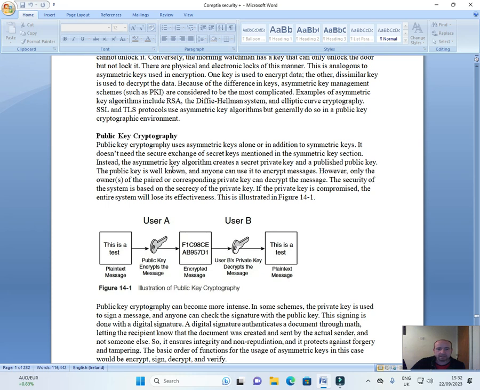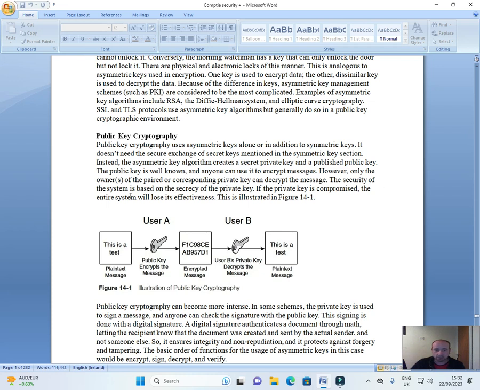Instead, the asymmetric key algorithm creates a secret private key and a published public key. The public key is well known and anyone can use it to encrypt messages. However, only the owners of the paired or corresponding private key can decrypt the message.